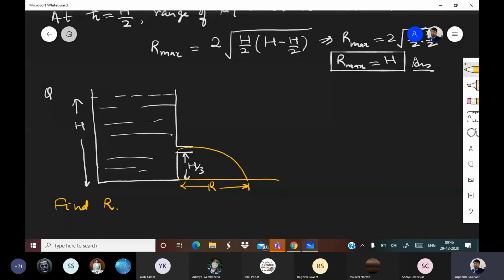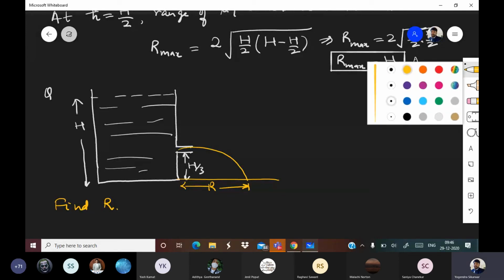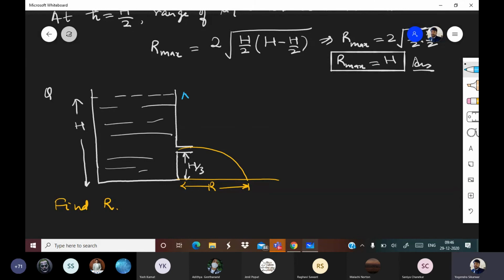Okay, pay attention everyone. This height is 2H by 3, right? So V out will be under the root of 2 into g into 2H by 3.